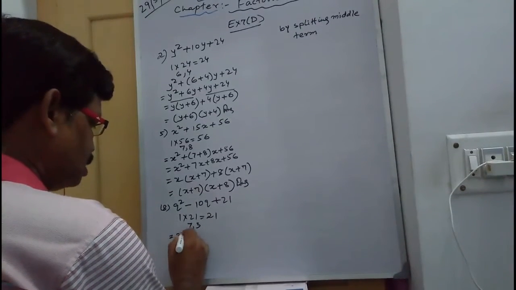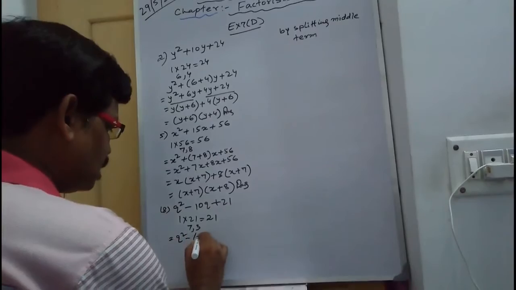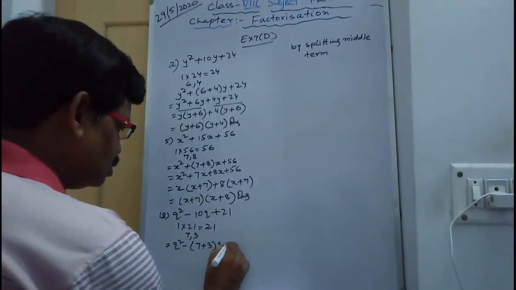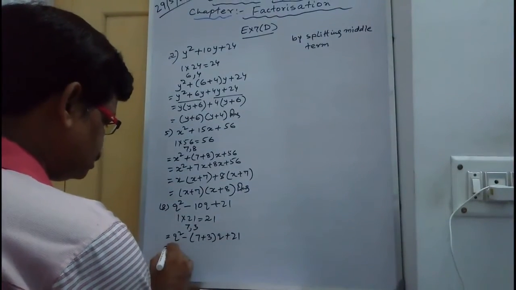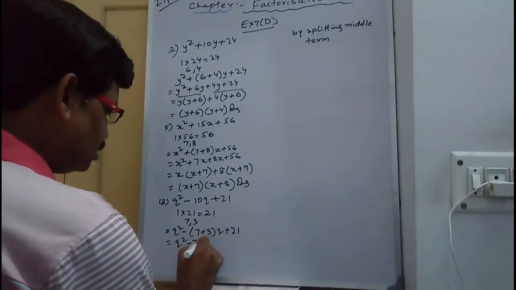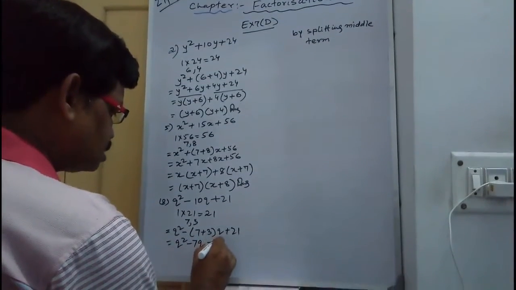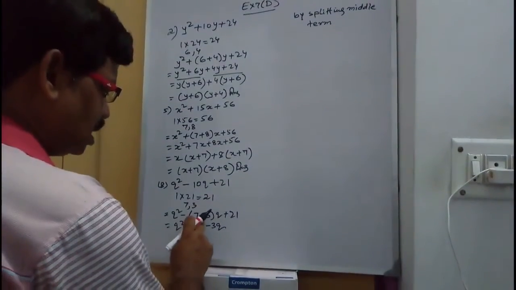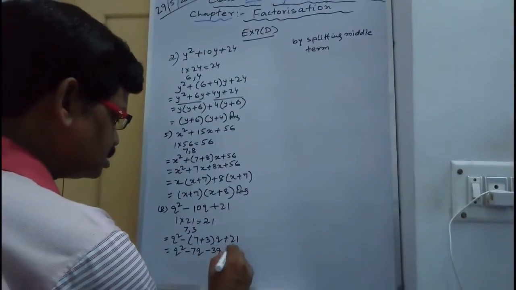q square minus (7 plus 3) q plus 21. q square minus 7q minus 3q. As you open the bracket, this way plus into minus becomes minus, plus 21.